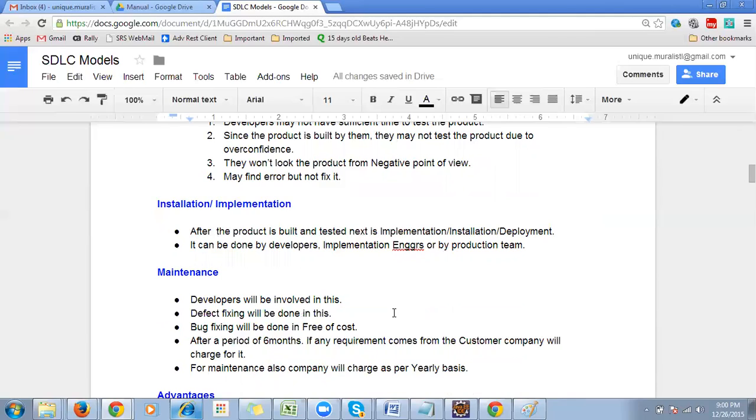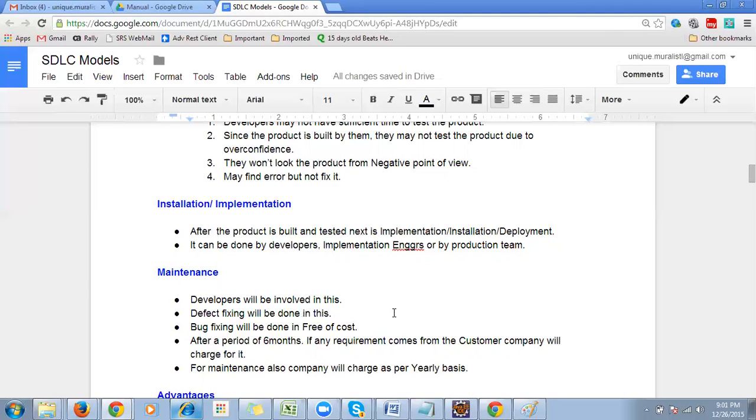Now the installation or implementation team goes to the customer place and installs it. For example, if an ATM machine is the product, there are different ATM machines, so they go to the ATM machine and upgrade the software. Then it starts to work. They do the installation part from their side.